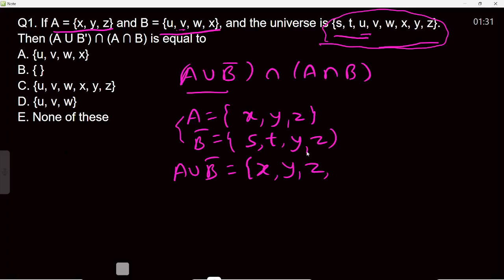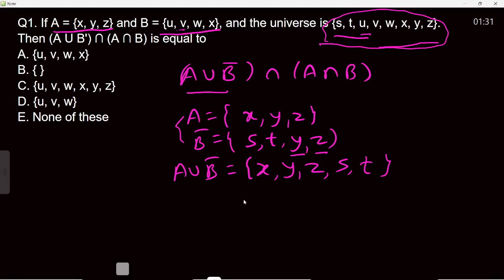Now S is also there, T is also there. Now you will be thinking why I have not written Y and Z again, because they are already present. And what is a set? A set is a collection of unique elements. So X, Y, Z, S, T. This is our A union B bar.